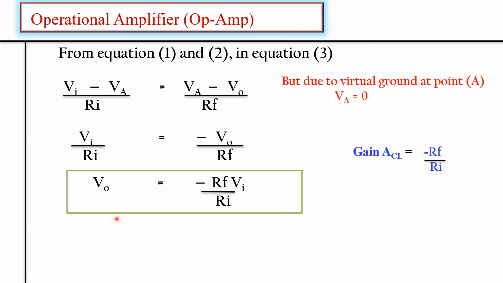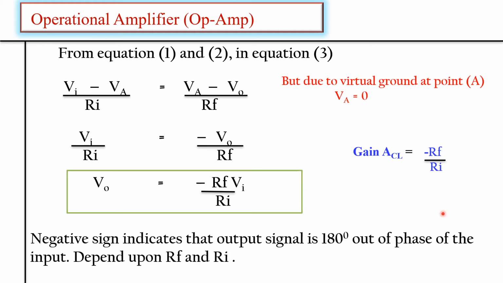That is why this configuration is called the inverting configuration, because the output gets inverted with respect to the input. Clear? So the negative sign indicates that the output signal is 180 degrees out of phase with the input, and the output depends upon the Rf and Ri values. This inverting op-amp can be used as a current to voltage converter and as a sign changer, that is, an inverter.